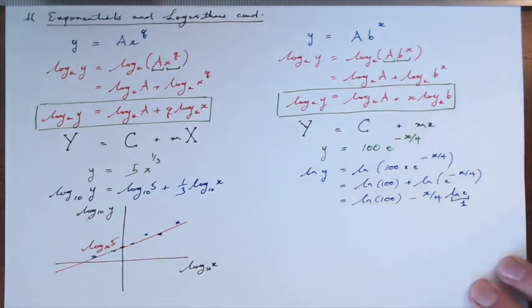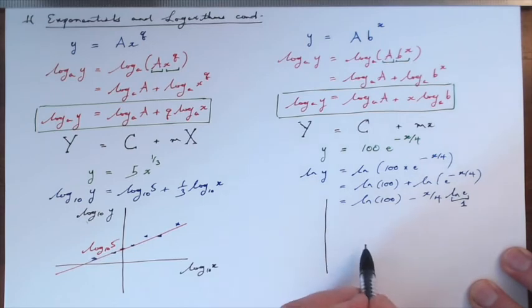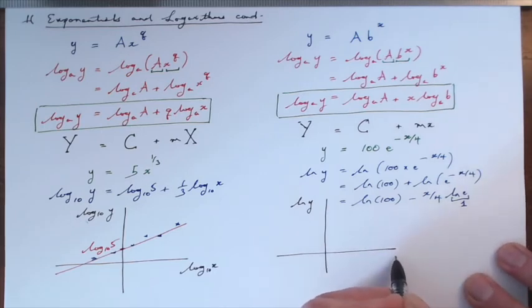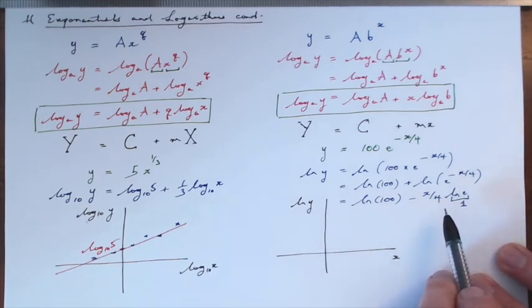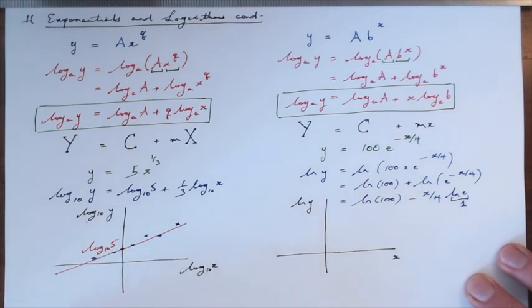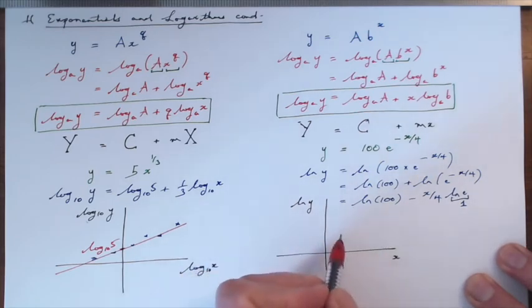And so how would this appear then if we plotted natural logarithm of y against x? We would now have a straight line with a negative slope, which is quite, again in this case, quite shallow, and it passes through the y-axis at the value natural log of 100.